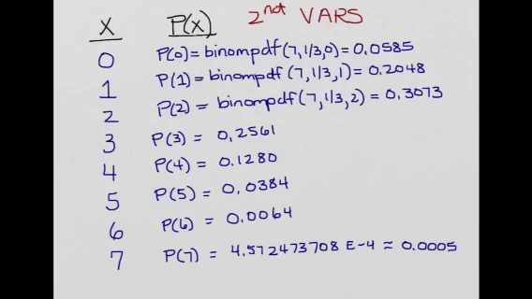And then you scroll up until you find the binom PDF function. And notice that we're using a P right here. We're going to use the CDF function later on. But for right now, we're going to use binom PDF function. So we choose binom PDF, and we have 7 trials in this case.